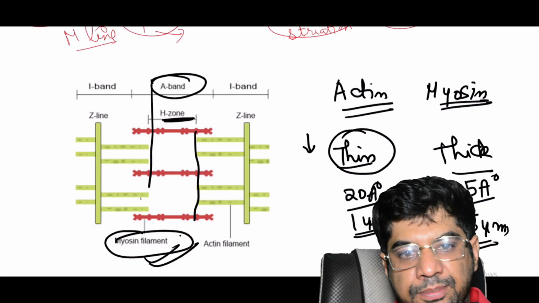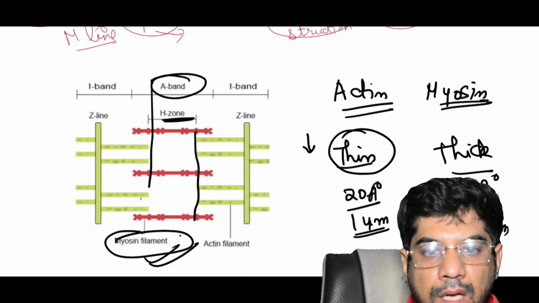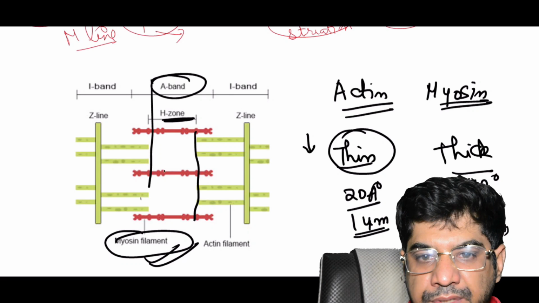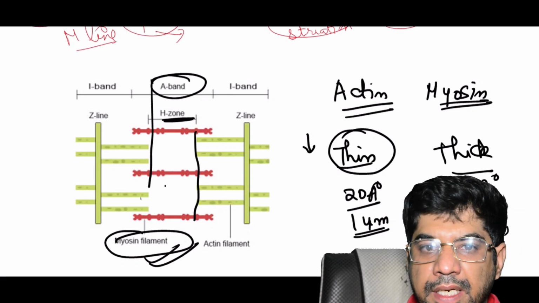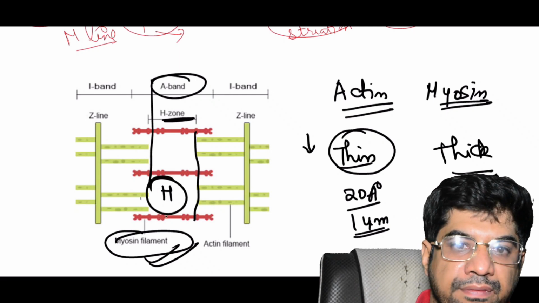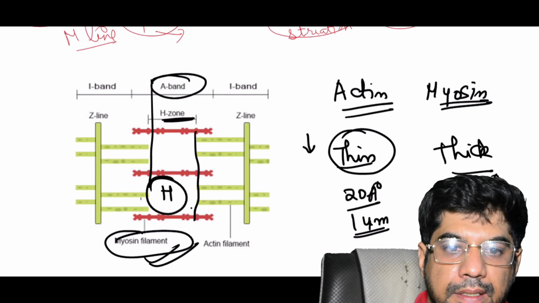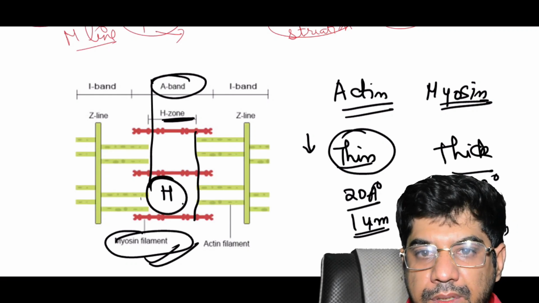So what are the two types of myofilament in a sarcomere? They are the actin filament and the myosin filament. Now remember, during muscle contraction, the myosin heads pull the actin filament toward the center of the H band using a sliding mechanism.